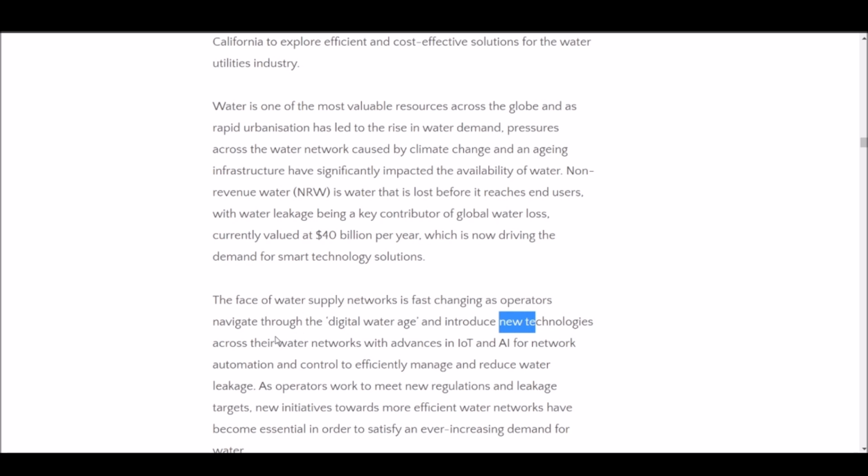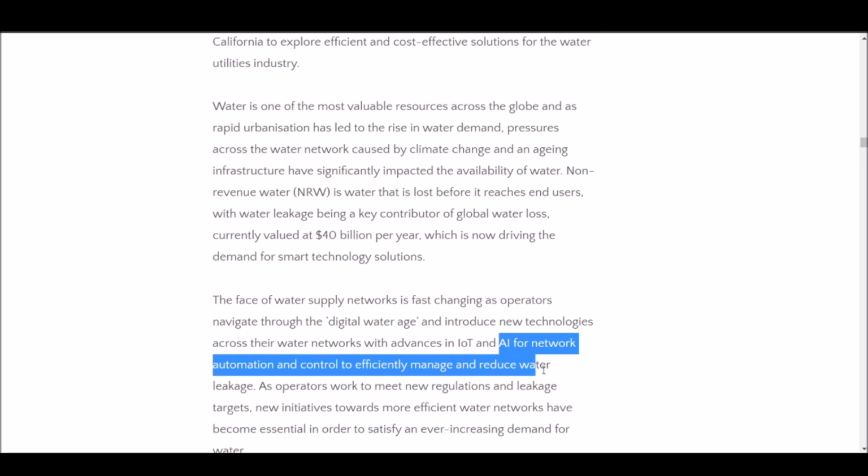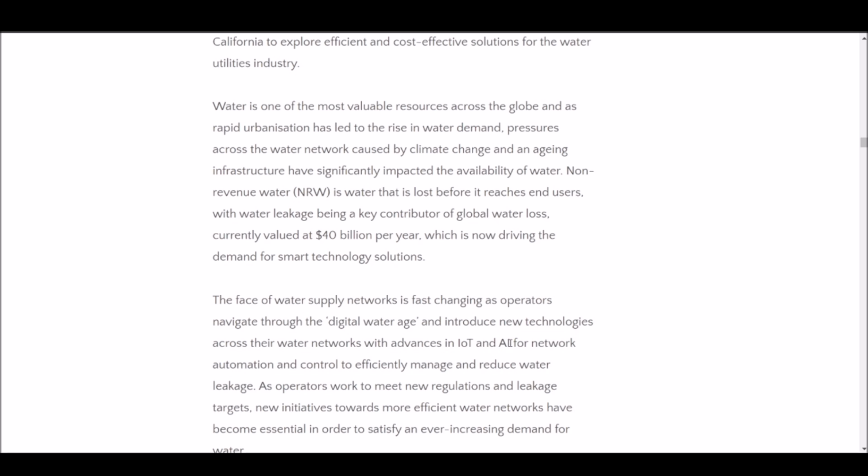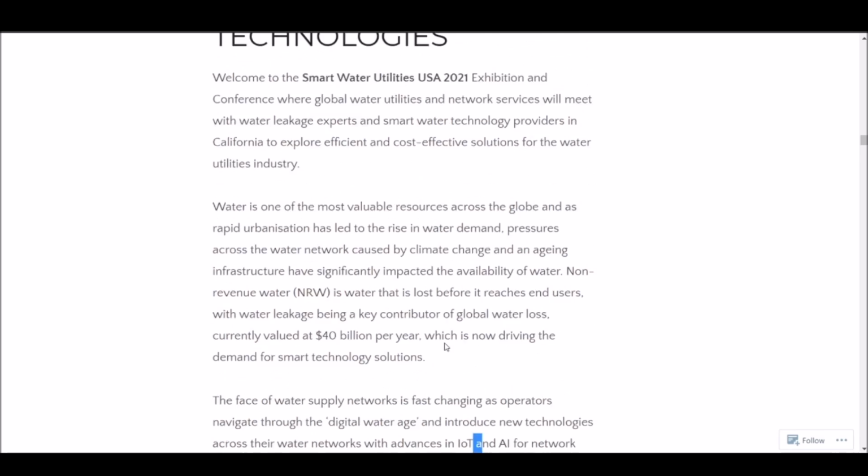Introduce new technologies across their water networks with advances in IoT and AI. AI for network automation and control to efficiently manage and reduce water leakage. So this thing is going to be interacting with AI that you're going to be drinking. They admit it.